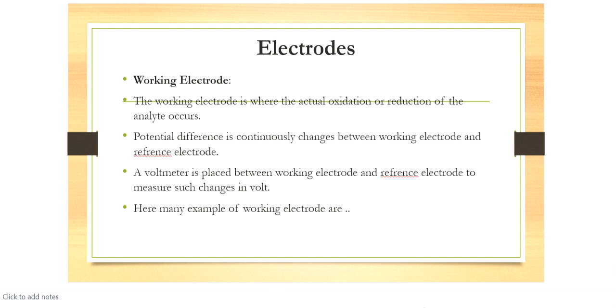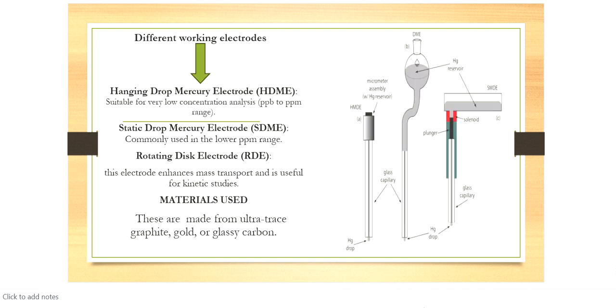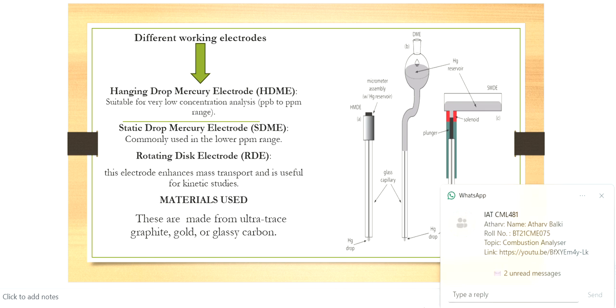Examples of working electrodes are: one is the hanging drop mercury electrode, suitable for very low concentration analysis. This is a type of working electrode used to analyze a low concentration range, at the ppb to ppm level. Another is the static drop mercury electrode.